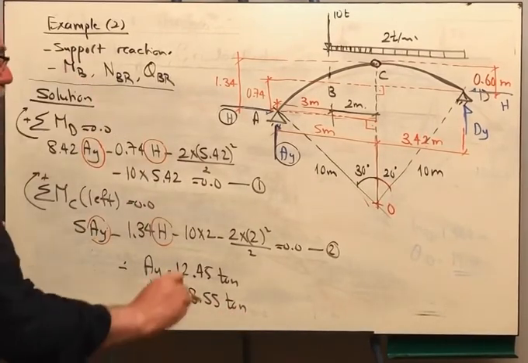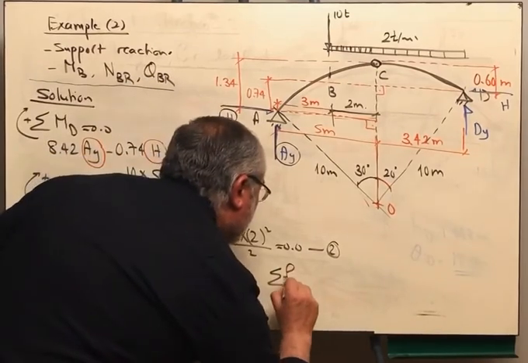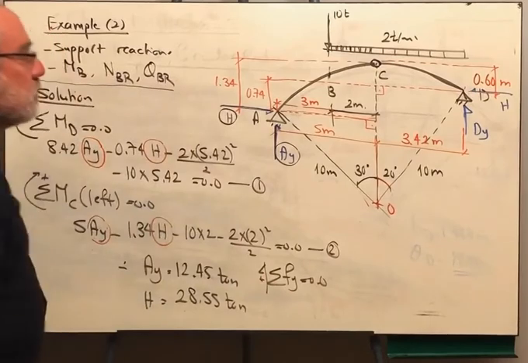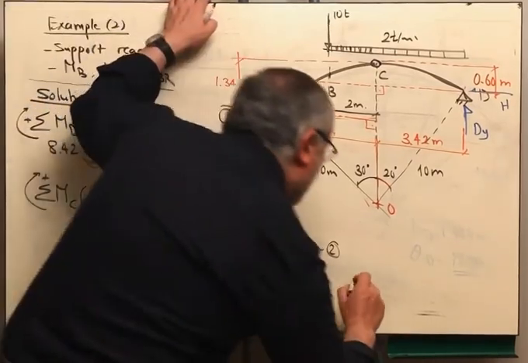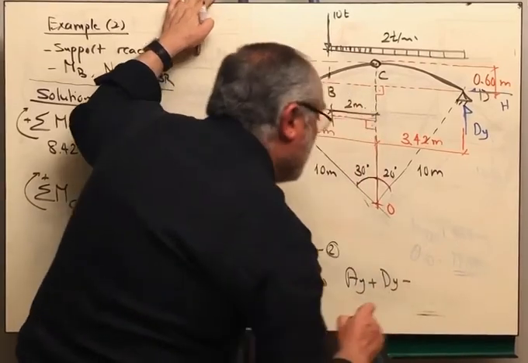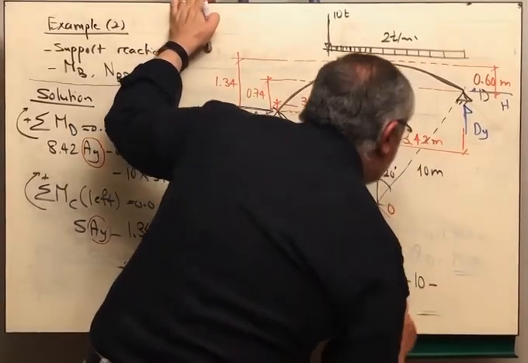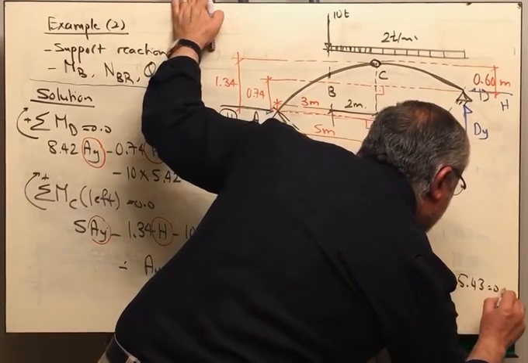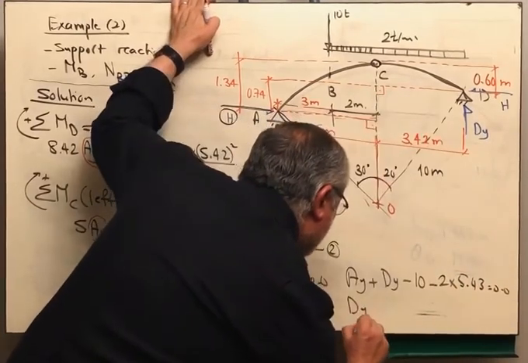And then from sigma Fy is equal to 0, we take this the positive direction. We are having AY plus dy minus 10 minus 2 by 5.43 is equal to 0.